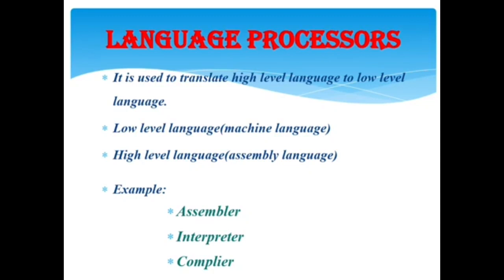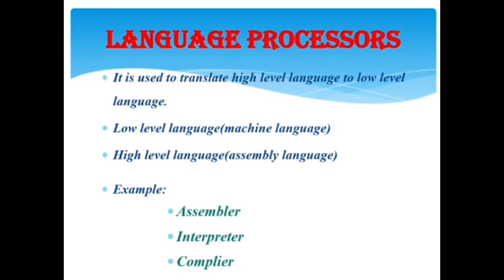OS acts as an interface between the user and hardware. Utility program gives a smooth operation on the computer system. That means the system will not hang up. It will work nicely.